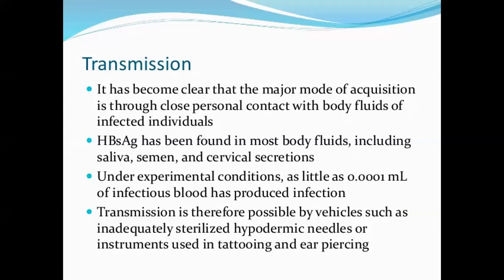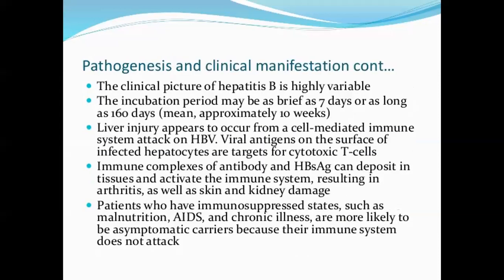This means this amount of fluid or secretion is enough to produce the infection. Transmission is therefore possible by vehicles such as inadequately sterilized hypodermic needles or instruments used in tattooing and ear piercing.